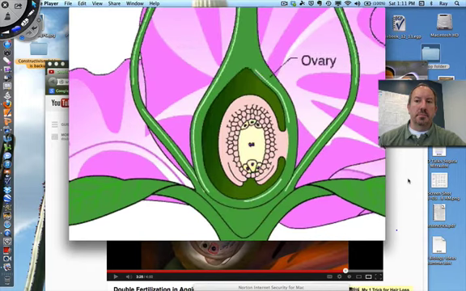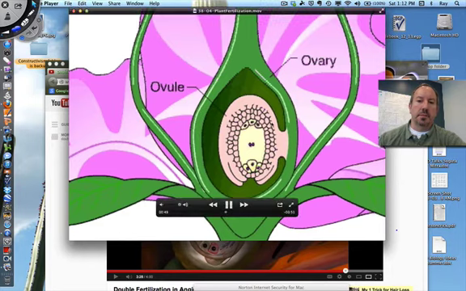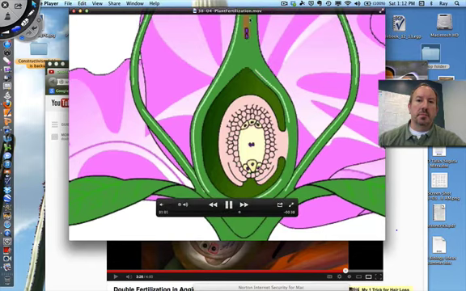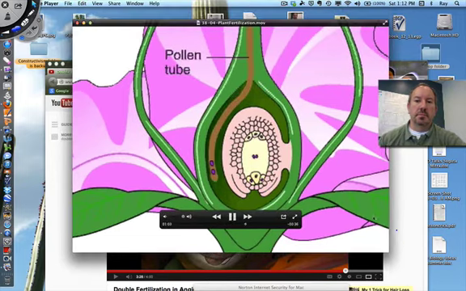We've enlarged the ovary and sliced it open. An ovary contains one or more ovules that will become seeds if they are fertilized. One ovule is shown here, with the front removed to reveal its parts. The ovule is attached to the ovary wall by a stalk that provides nutrients. Starting from a pollen grain at the stigma, which is not shown, a pollen tube grows down through the carpel to the ovule.